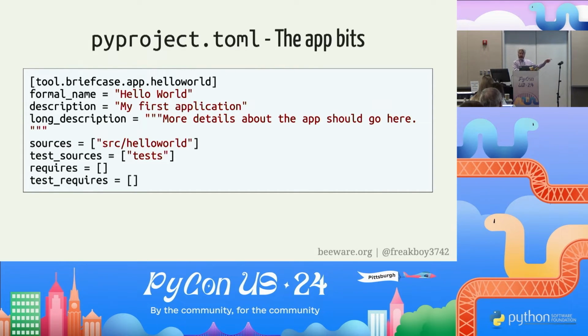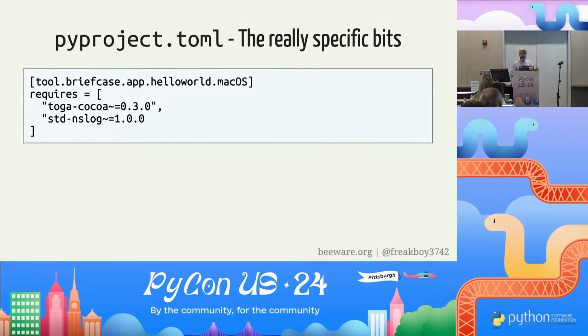That's not so much of an issue with the project and app settings, but it is when you get down to the specific parts, because you can also have sections in your configuration file for each platform you're going to target. So for example, here we have the tool.briefcase.app.helloworld.macOS. This is the configuration for deploying this application on macOS, and it defines a requires setting that has Toga Cocoa and standard NSLog.